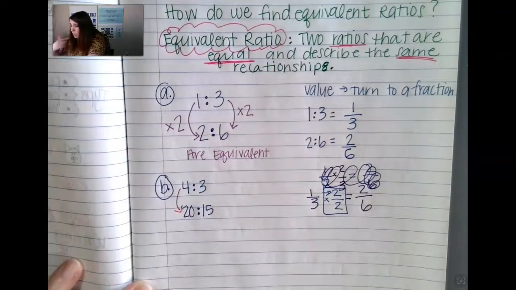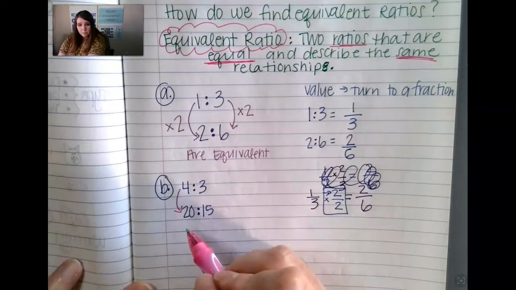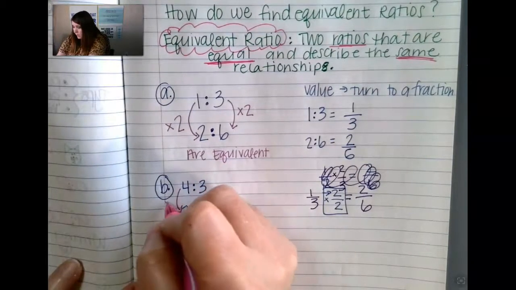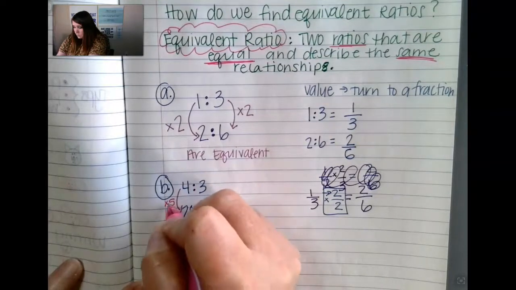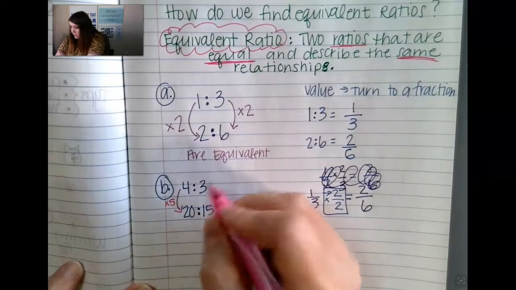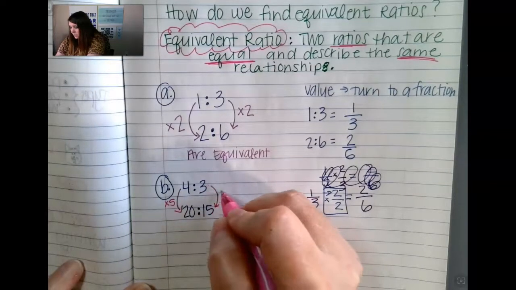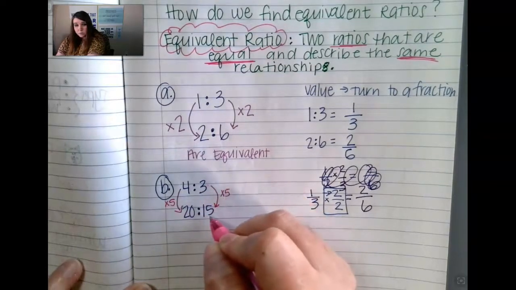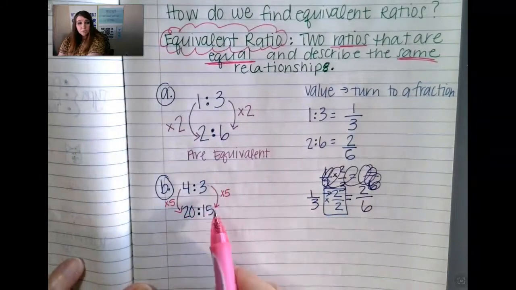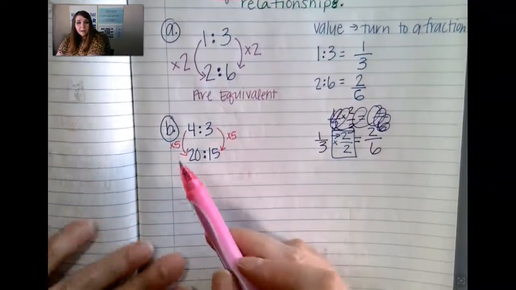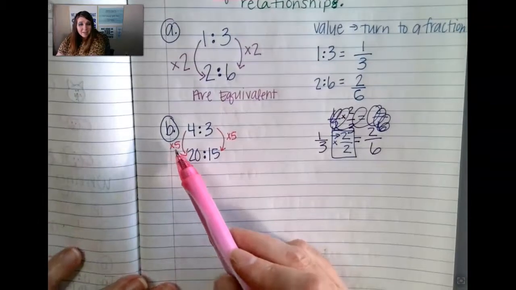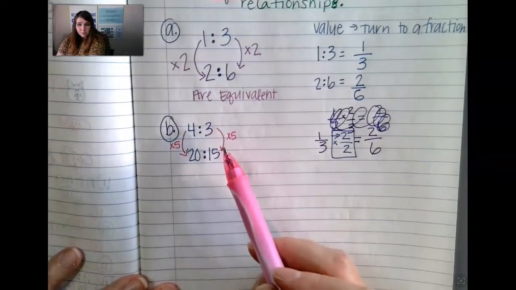I can ask, how do I get from 4 to 20? Okay, well, 4 to 20, I multiply 4 times 5 equals 20. How do I get from 3 to 15? I say 3 times 5 equals 15. So these two ratios are equivalent because I'm multiplying by the same number on both sides.